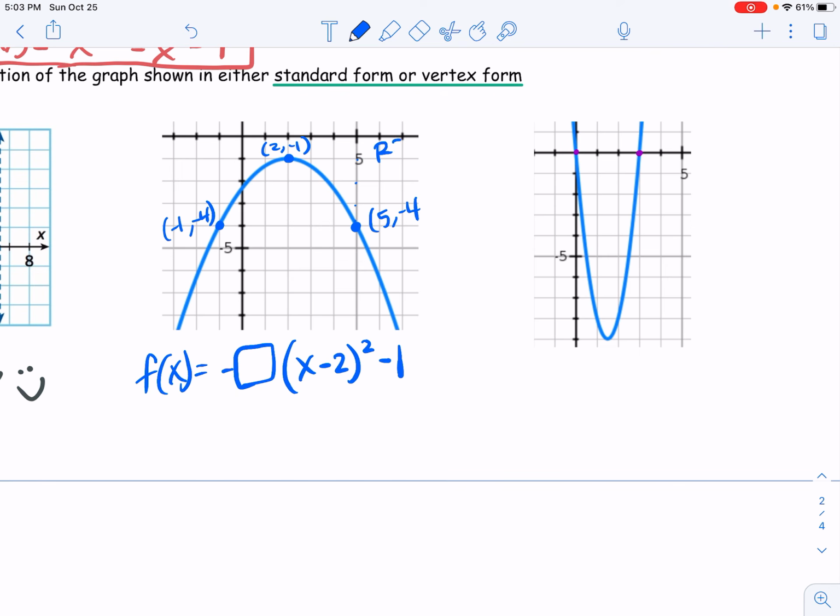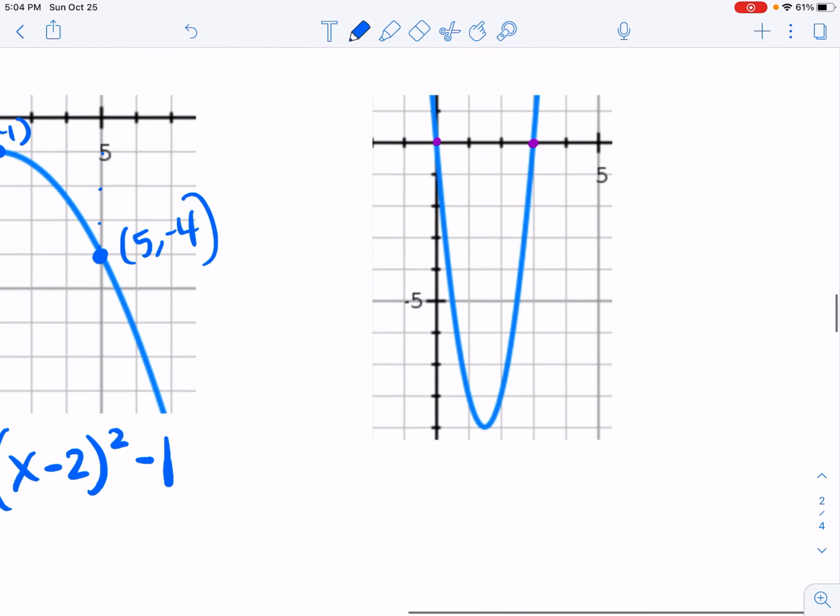So if I went right 3, down 3, originally it's supposed to be right 3, up 9, but I know I've reflected, so it really would have been right 3, down 9. But if I'm only going down 3, then that means I did 1/3 of that. So my a value must be a negative 1/3. And of course, you could plug in some of those x and y coordinates and solve for a, and you will get a negative 1/3.